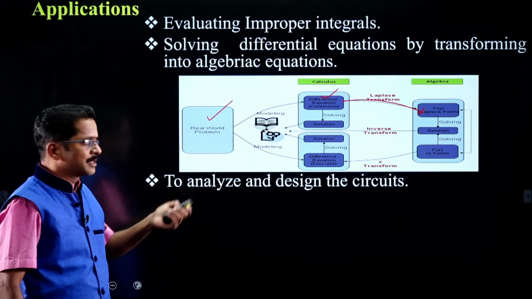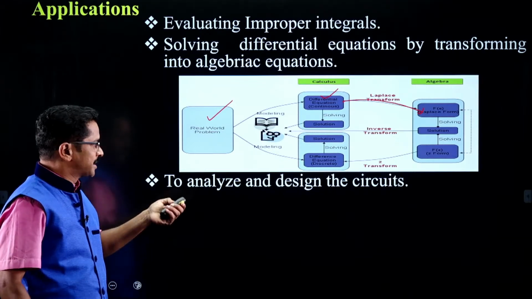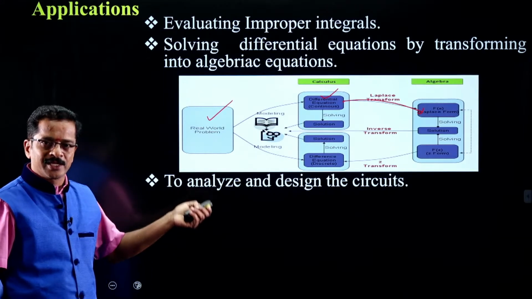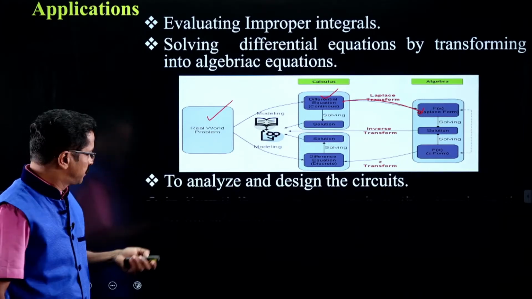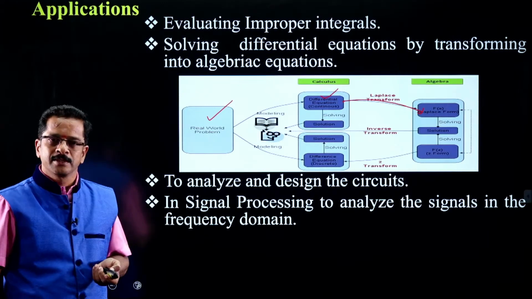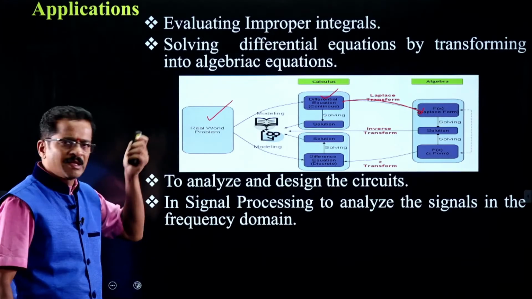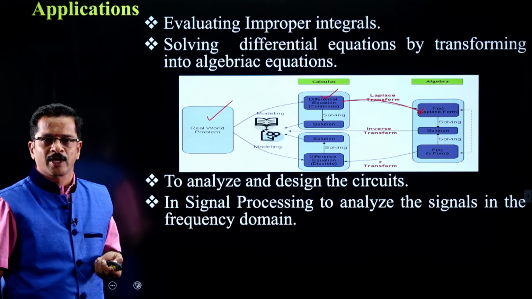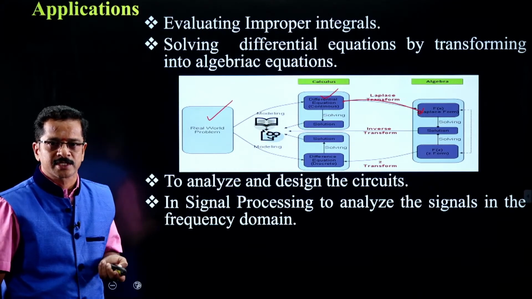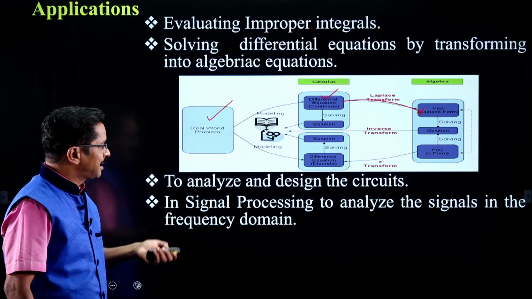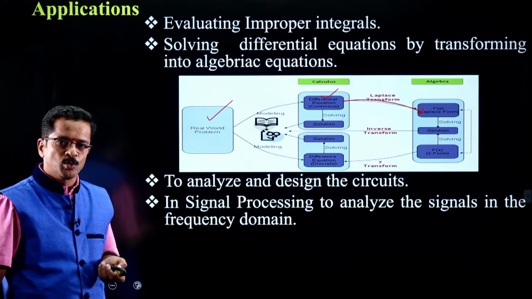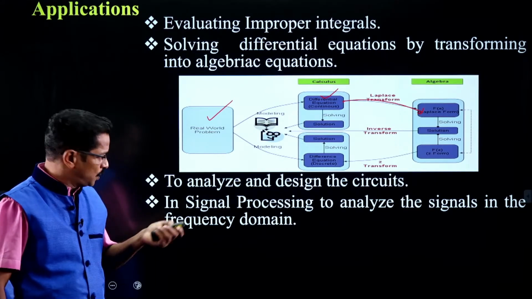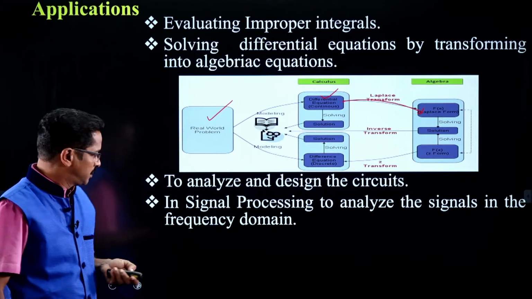Where a clumsy circuit system is there, in such cases analysis is better possible using Laplace transform. Next, signal processing. Nowadays signal processing is an essential part of our communication systems. That signal processing is handled smoothly and simply through the Laplace transform tool.